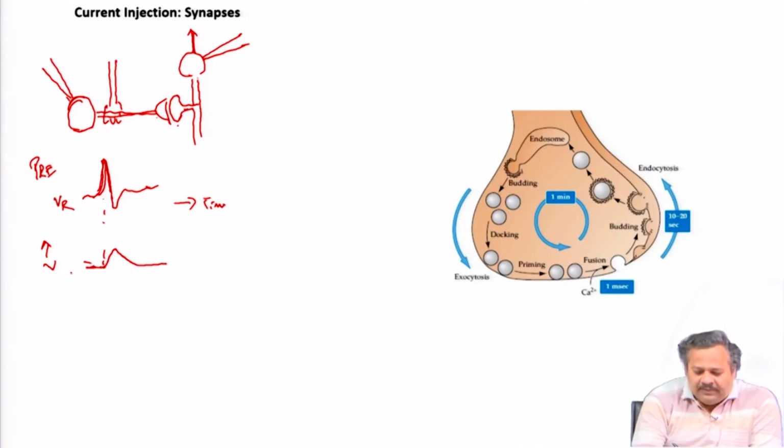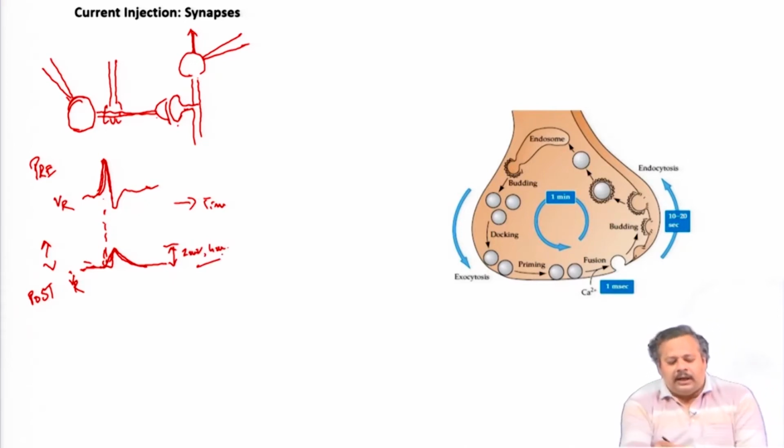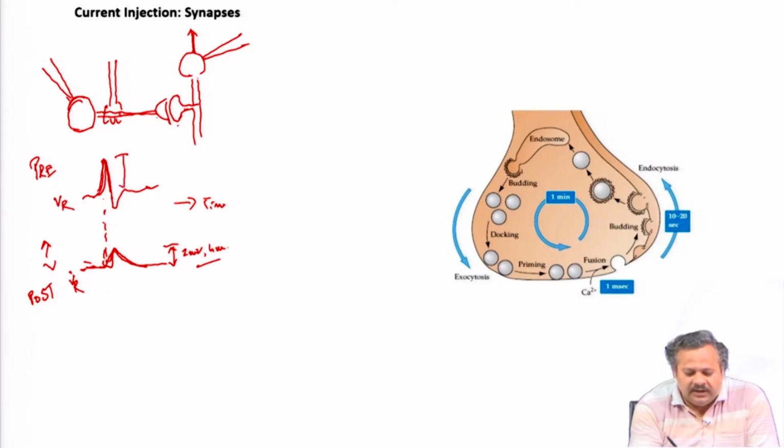So, this is the postsynaptic neuron, at its V rest. When we have an action potential, with a slight delay, we will get a change in the membrane potential of the next neuron, and this amplitude is maybe 2 millivolts, 4 millivolts, or of that order of a few millivolts, and this range here, as we know, is of the order of 100 millivolts.